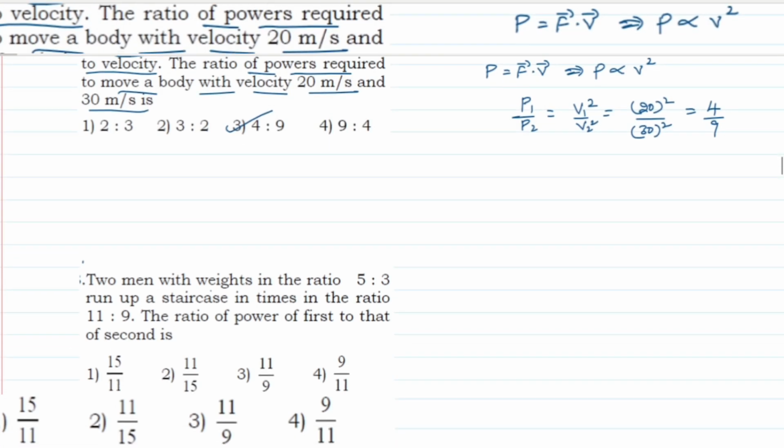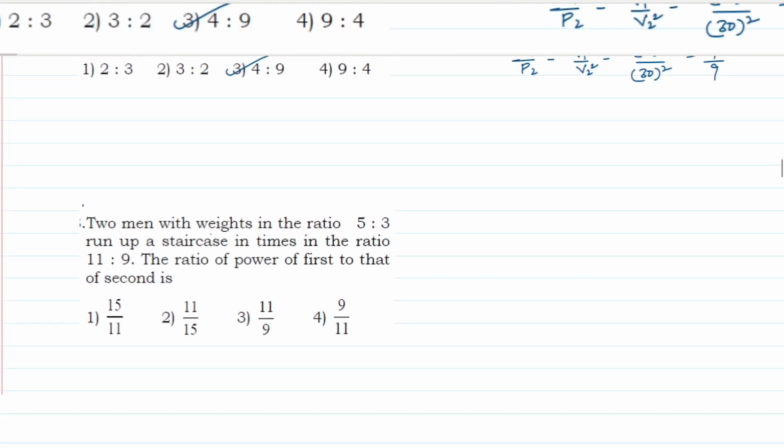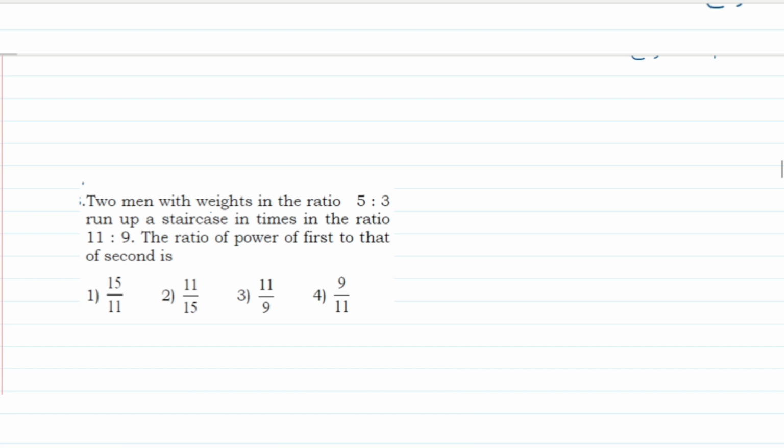Let us take the next scenario. Next question. Two men with weights in the ratio 5:3 run up a staircase in times with the ratio 11:9. The ratio of the power of the first to that of the second person, they are asking.